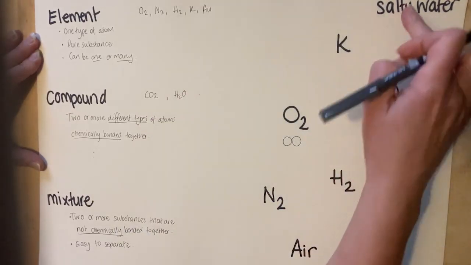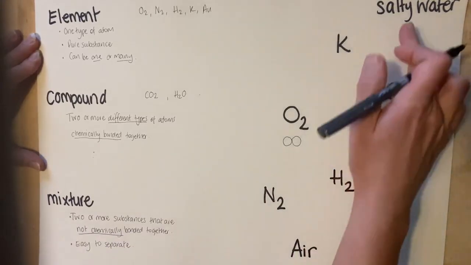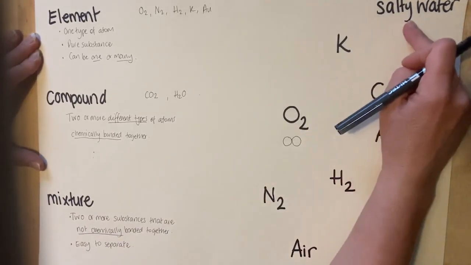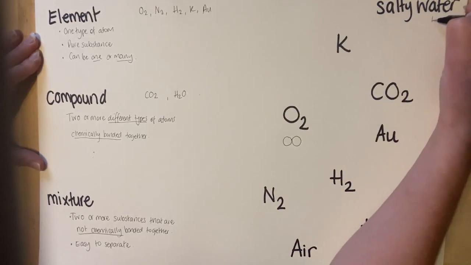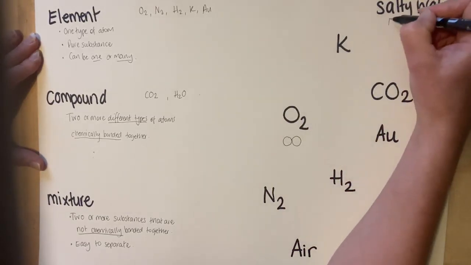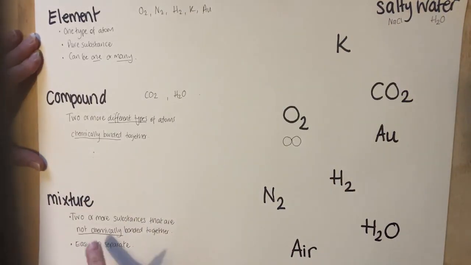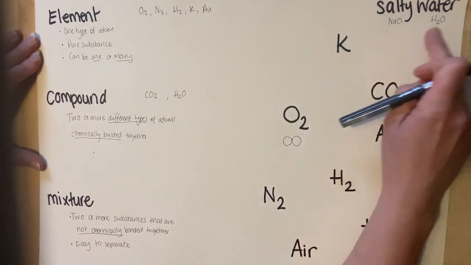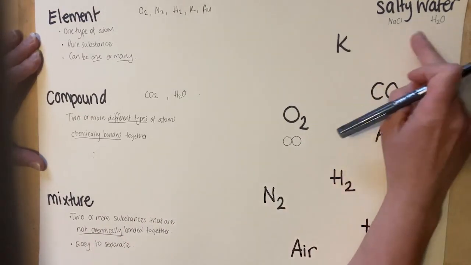Now the ones here, you may already be thinking, well, they must be then a mixture. And if I tell you, you already know that salty water consists of water, which is H2O. Salt, you may or may not know, is NaCl. So we've got two or more different substances. They're not chemically bonded together.